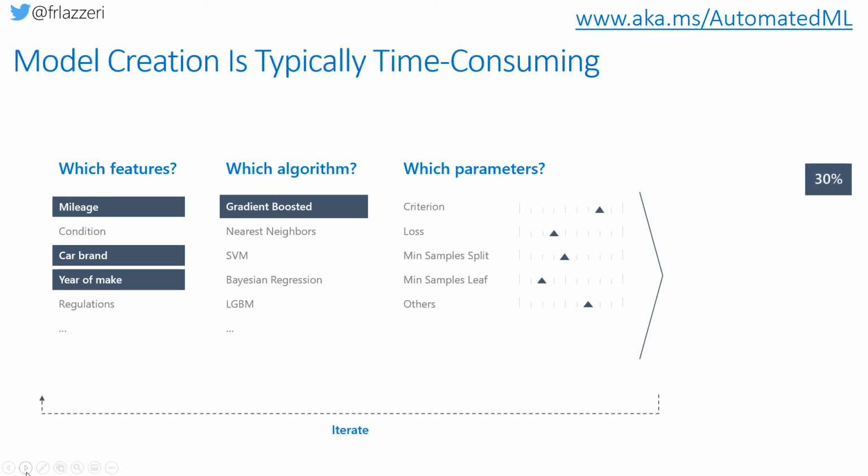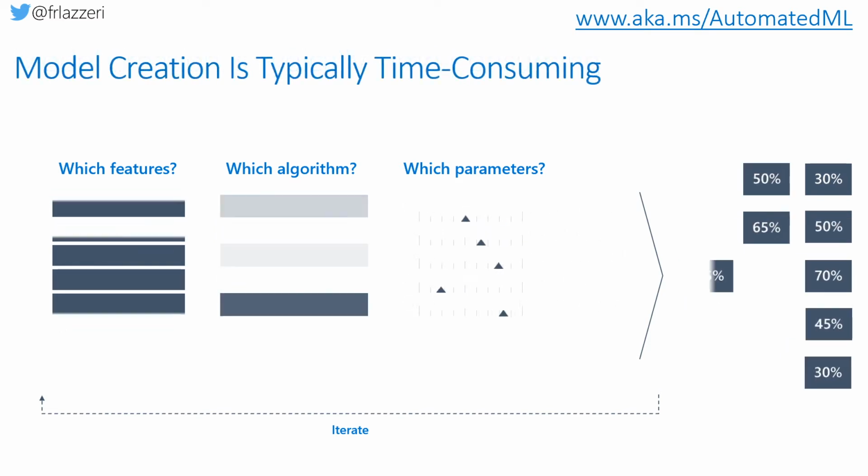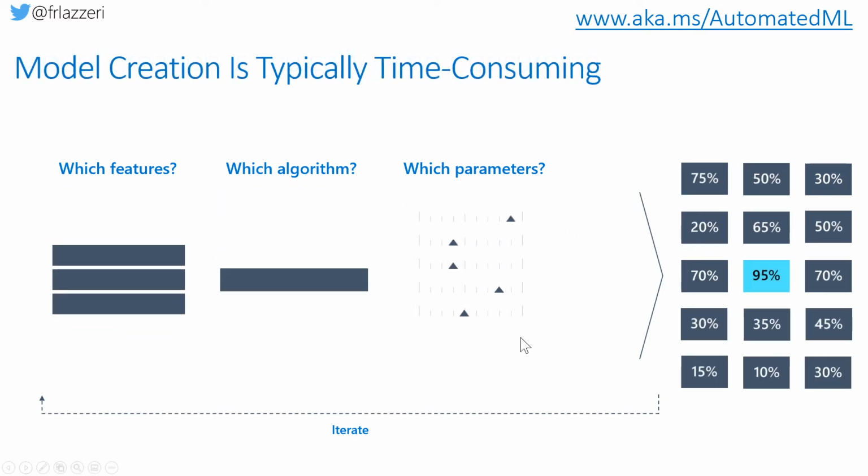Then they keep doing these sorts of experimentations. Eventually, they try to use a different feature set and different algorithms. They, of course, change the parameters in order to improve their model, and they get a second model which is 50% accurate. And then they keep doing this. Finally, eventually, they get a model of 95%. Of course, this is a wonderful scenario for data scientists.